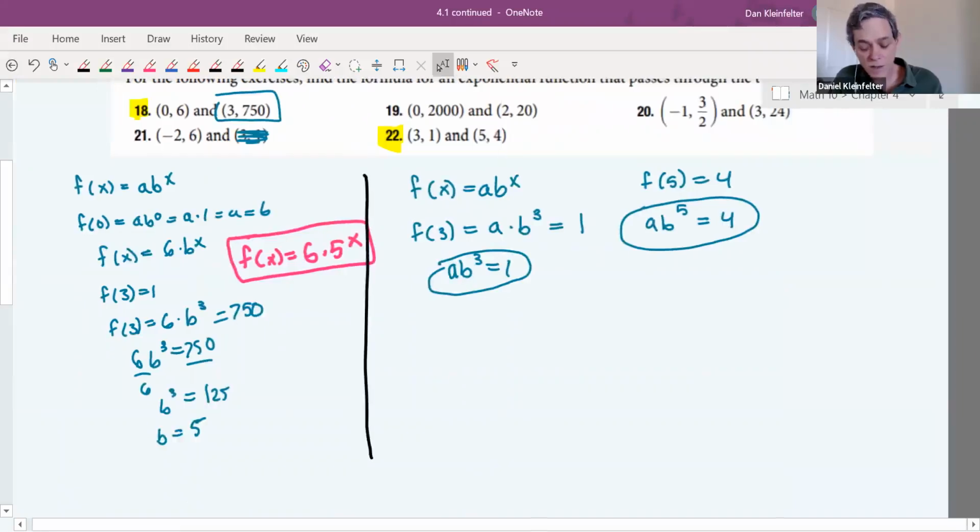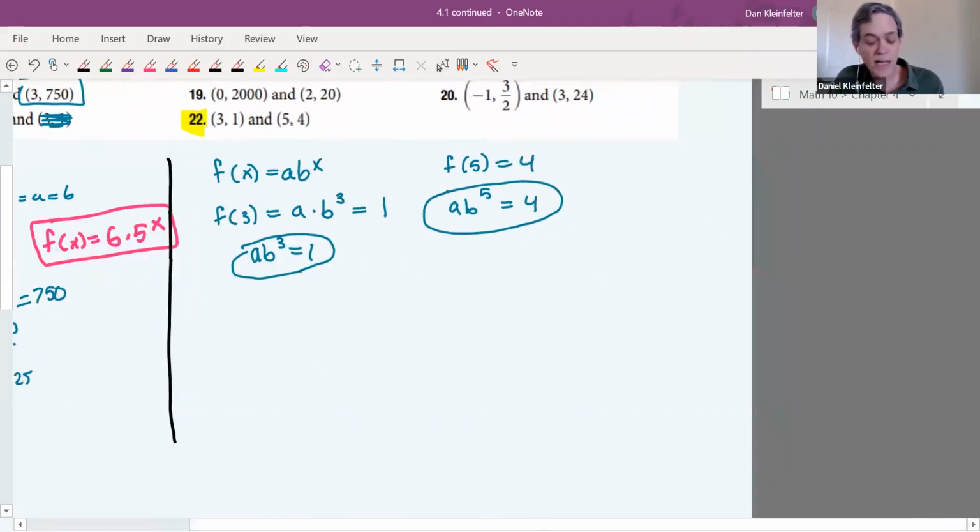So how I'm going to do this is I'm going to solve the first one for a. So a has to equal 1 over b cubed.